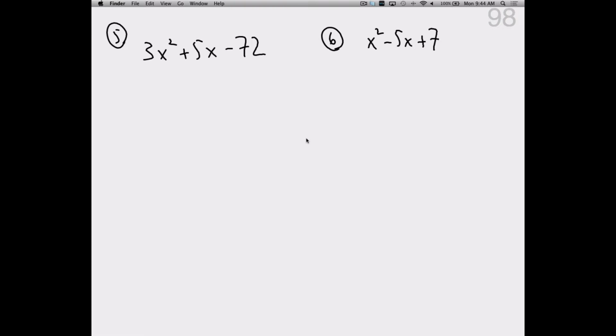If you rattled off 5 right away, then you can chew on number 6 for a second. Anybody got an answer for 5? Still working?